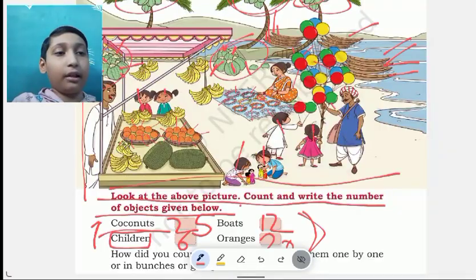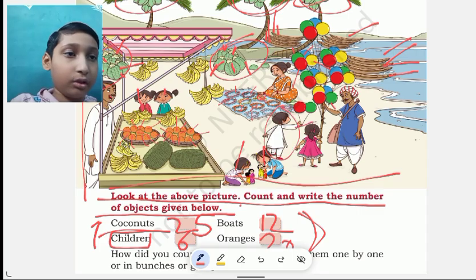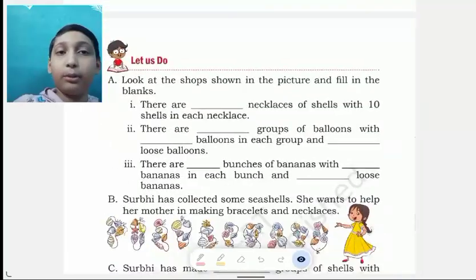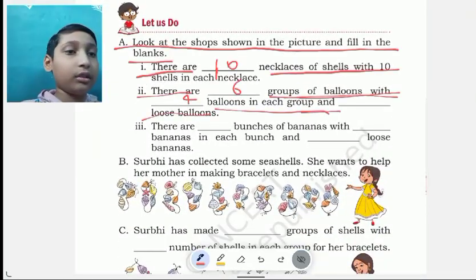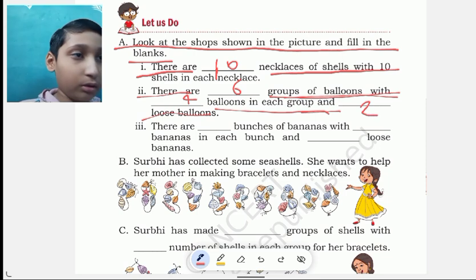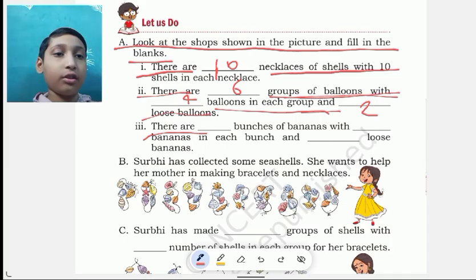We can see that this boy took 2 balloons. So meaning the 2 balloons are loose. So we have to write here 2.